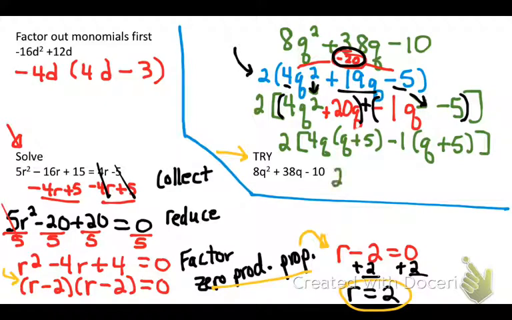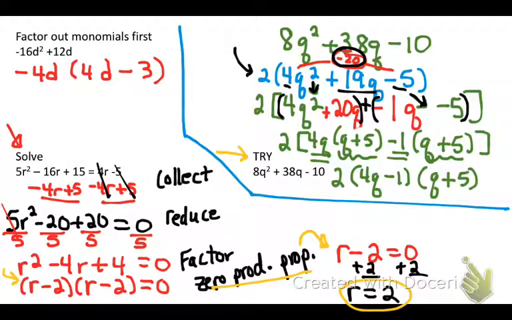We bring down the 2, our leftovers, 4q minus 1, and our lookalikes make up the second binomial. And if I multiplied all that together, I should get back to my original problem.